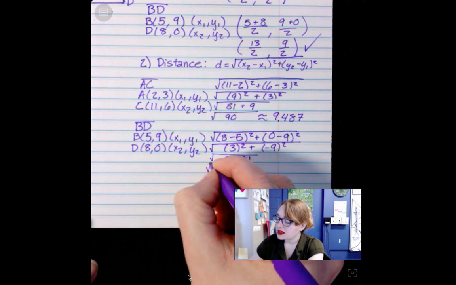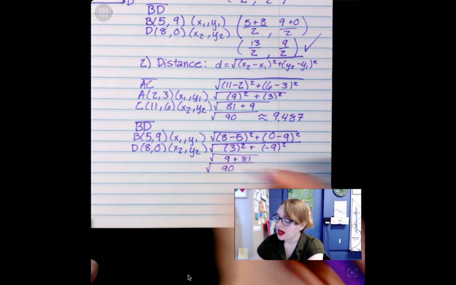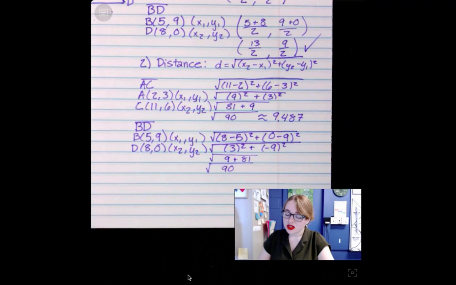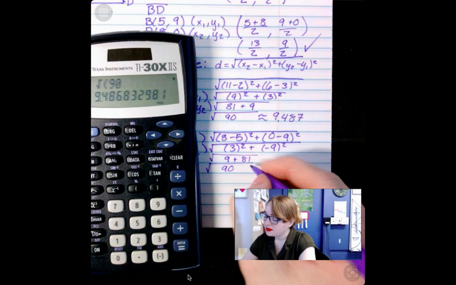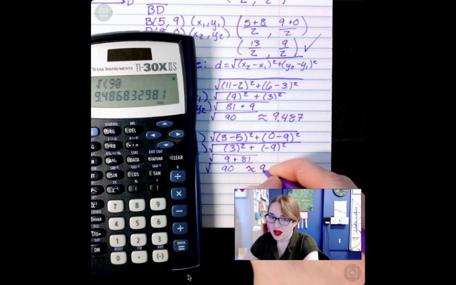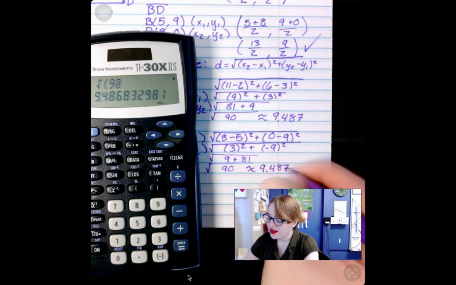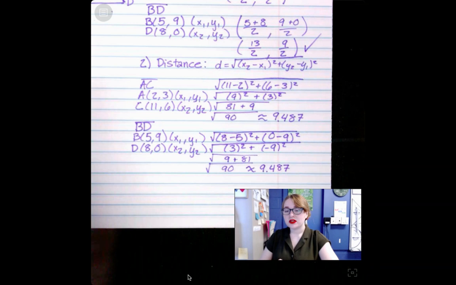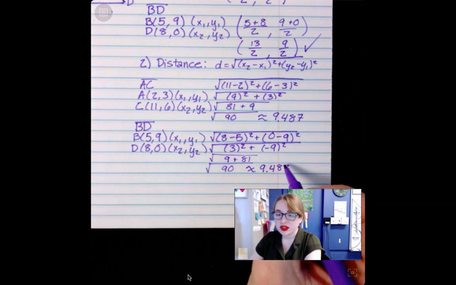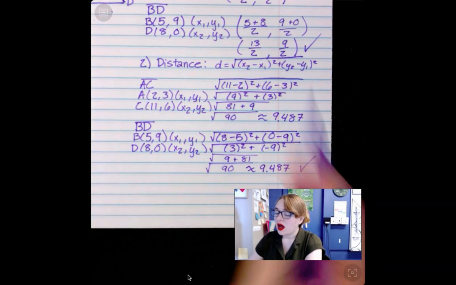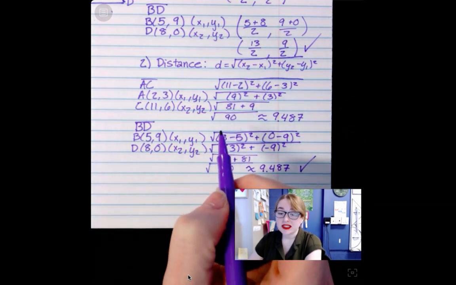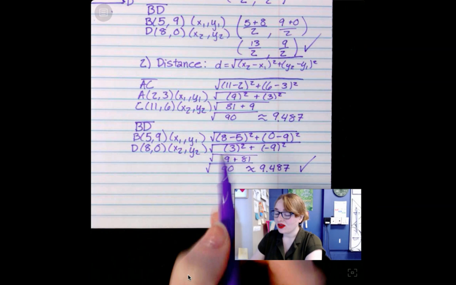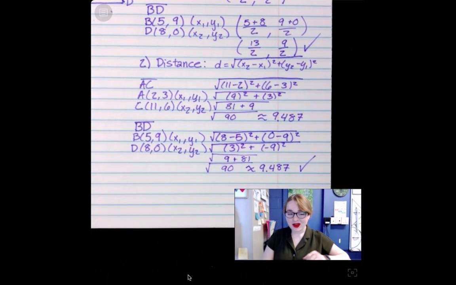Okay, 9 plus 81 gives us the square root of 90, which again, if we plug that into our calculator here, we get our approximation of 9.487. Okay, so since the distances of our two diagonals match as well, and we know it's a parallelogram, by doing the distance formula, now we know that this is in fact a rectangle. Okay, so our shape here is a rectangle.